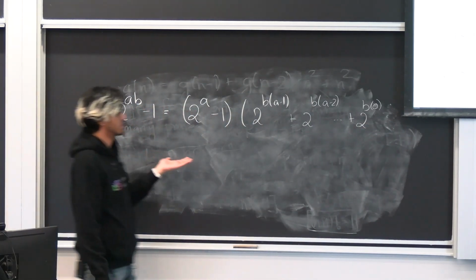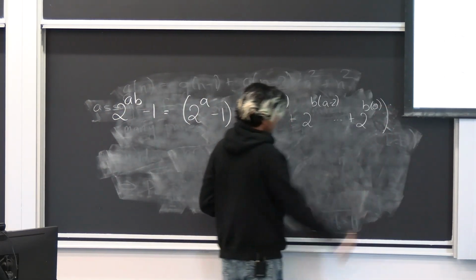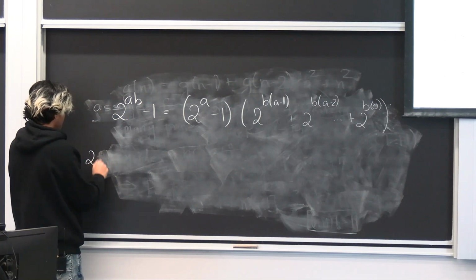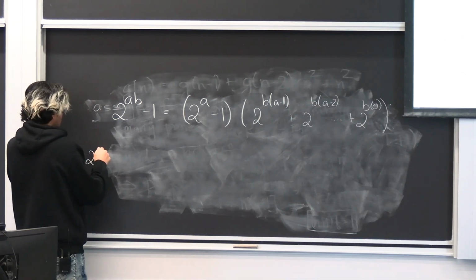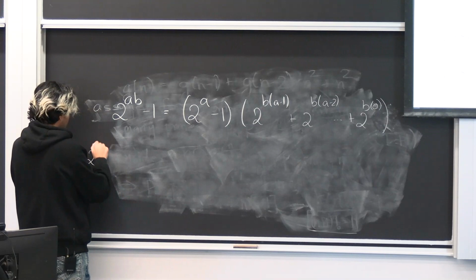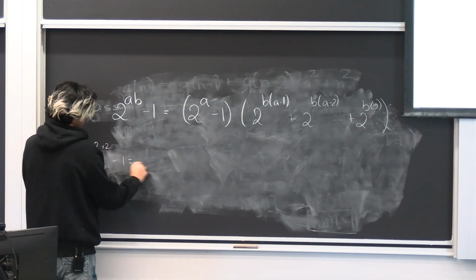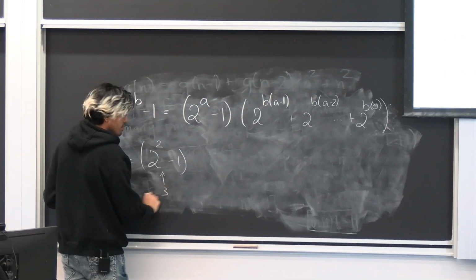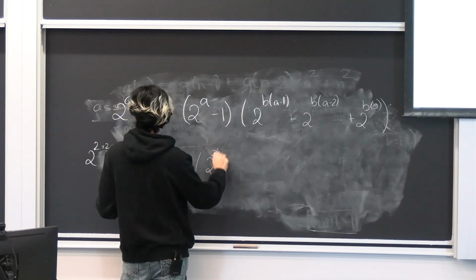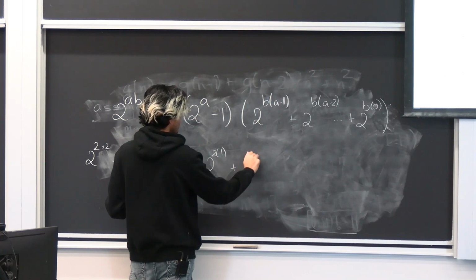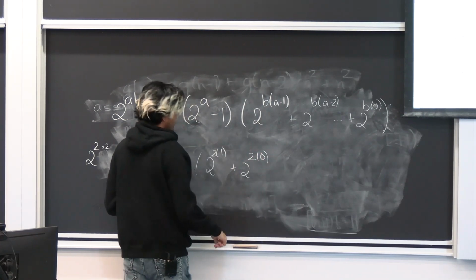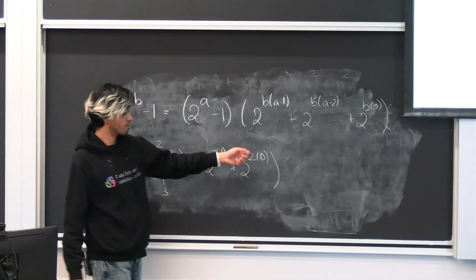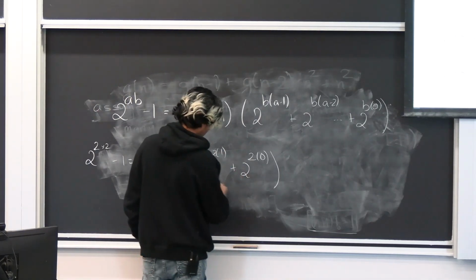So this is a factorization that works. I guess the best way for me to show it would be using the example of 4. 4 is a composite. It's 2 times 2. 2 to the power 2 minus 1, which is 3. 2 squared is 4, 2 to the power 0 is 1, this is 5.